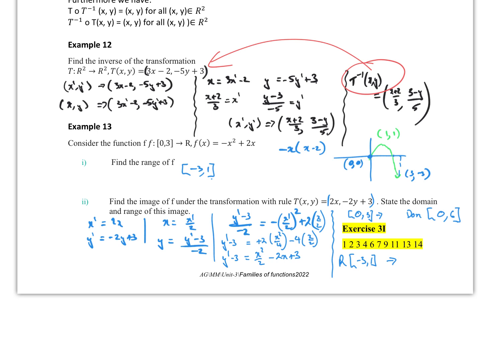So that becomes -3 times -2 is 6 plus 3, which is 9. 1 times -2 is -2 plus 3, which is 1. So let's get that the right way around though. So that becomes 1 to 9. So to be clear, 1 to 9 is my range and 0 to 6 is my domain.